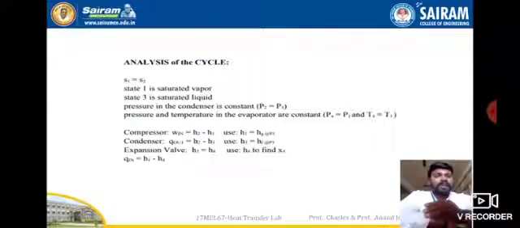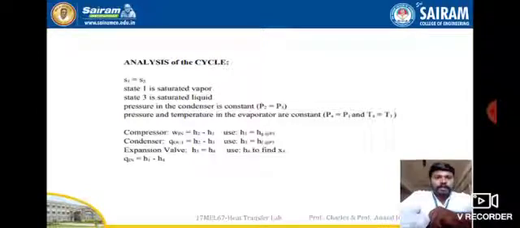For liquid we take Hf. If it is a mixture of liquid and steam, Hfg, if it is completely dry, Hg, and if it is superheated, Hsup. So this is how we take the values. Now H3 is completely liquid, so we take Hf at pressure 3.